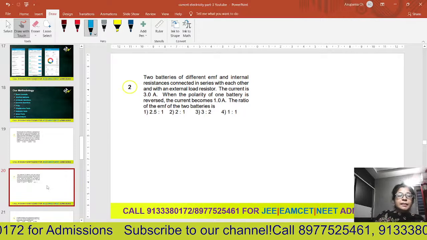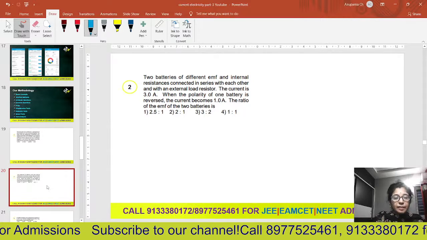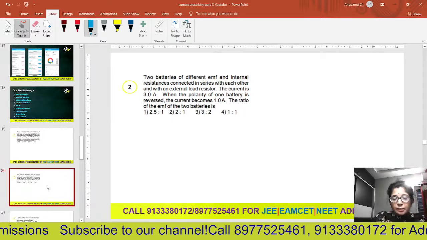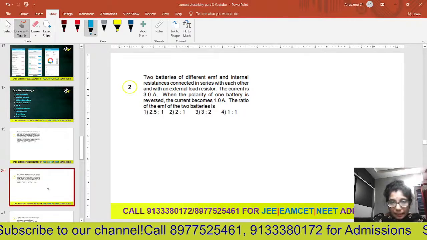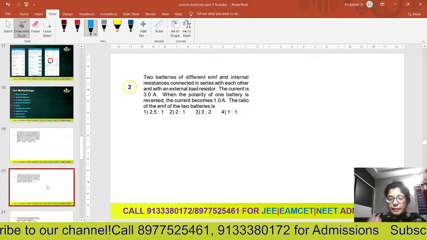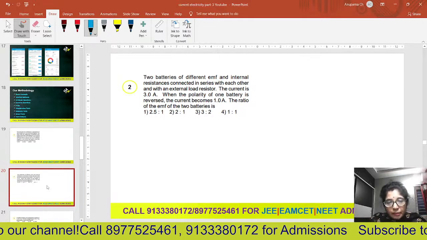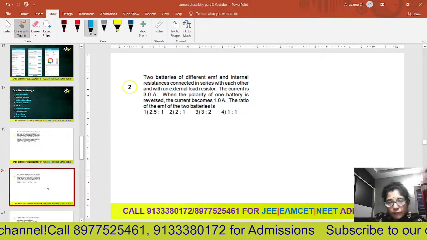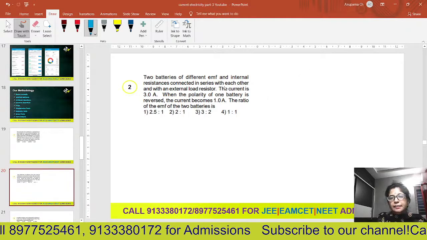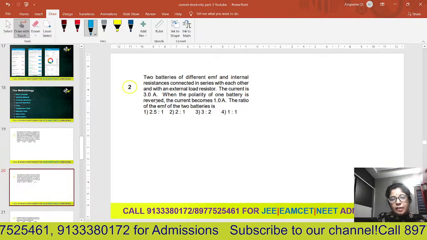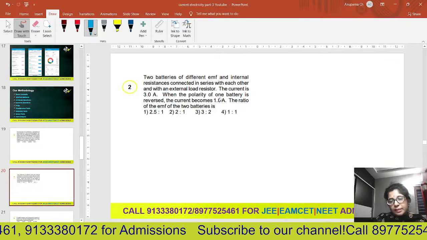The next problem. I hope that one is clear. Remember one thing: whenever the batteries are connected in parallel, the EMF will be the same. Two batteries of different EMF and internal resistances are connected in series with each other and with an external load resistor.